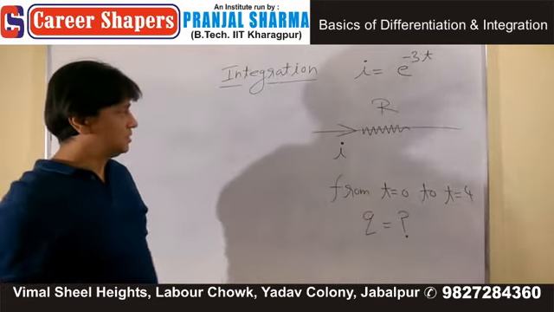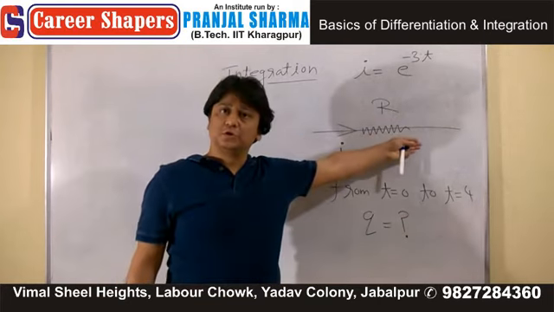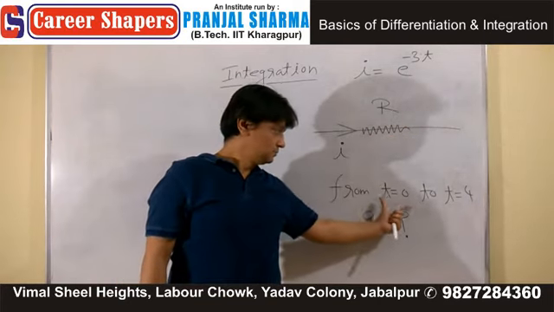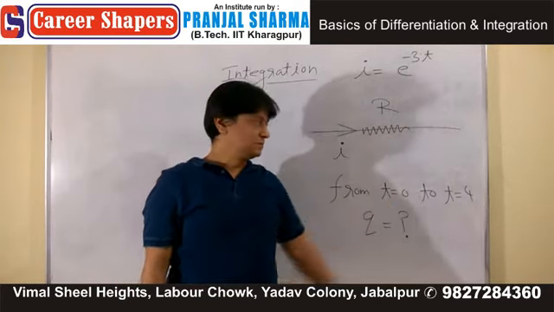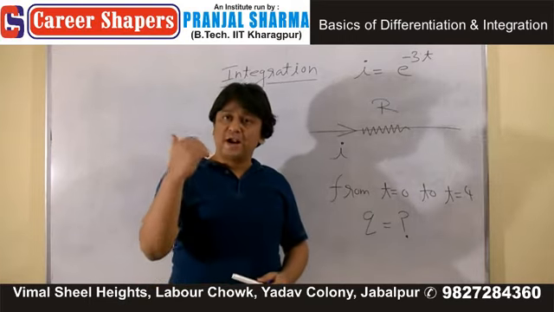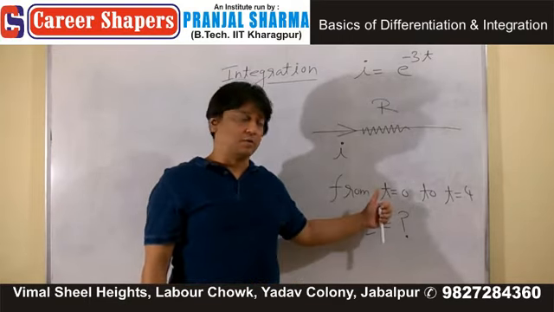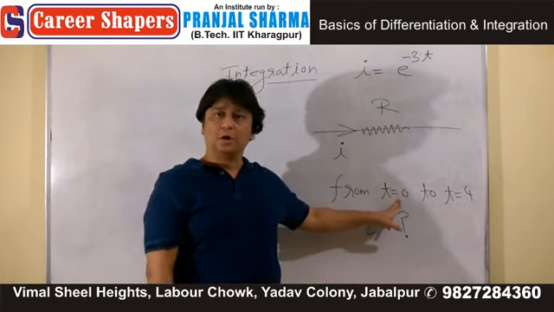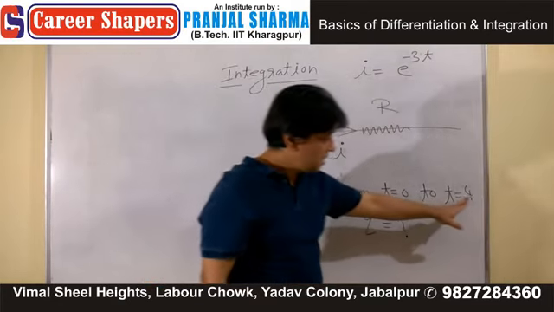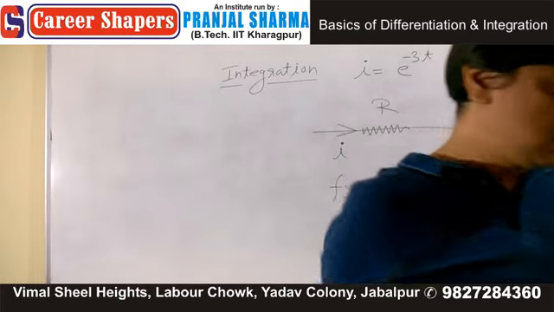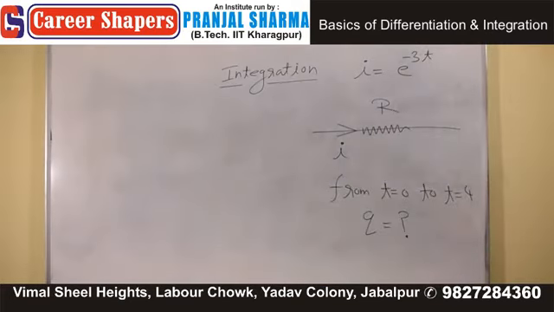Total charge that flows through the resistor in the first 4 seconds. You should interpret the question in this form: lower limit, upper limit. Now let's see how many of you will answer it. Do it first.